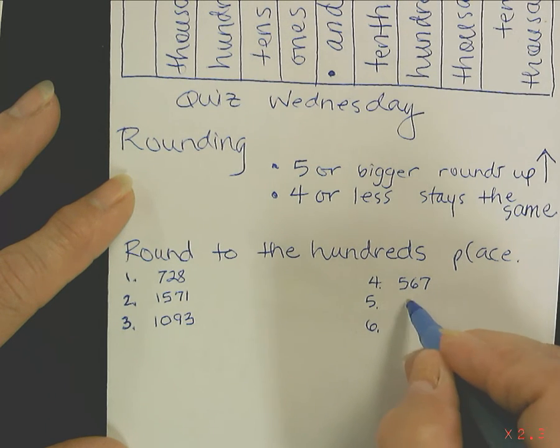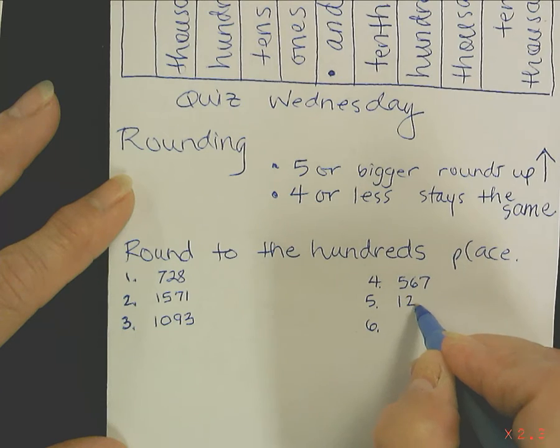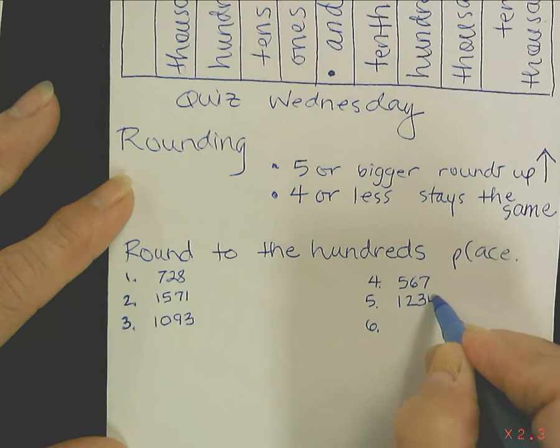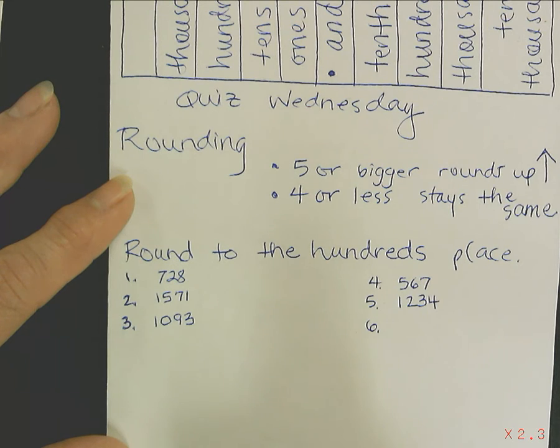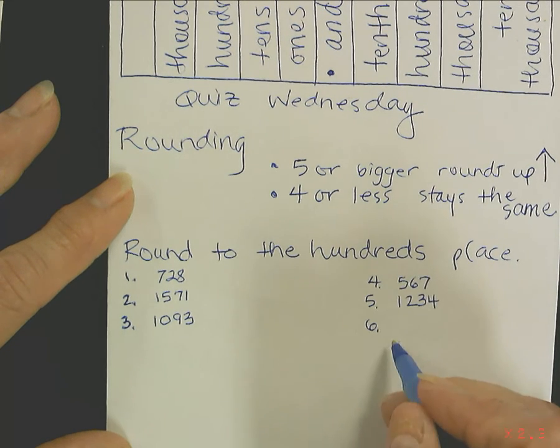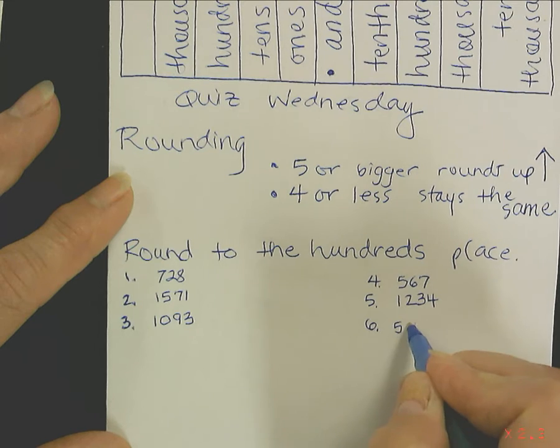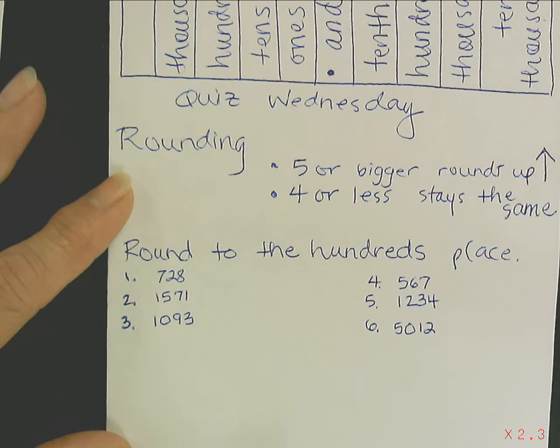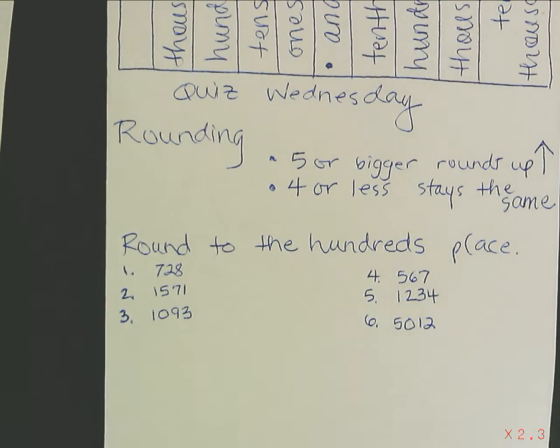Number 5, 1,234. Number 6, 5,012. Okay, so right now I just want you to have these 6 numbers written down. I'm going to do the first 3 with you, and then I want you to try 4, 5, and 6 on your own.